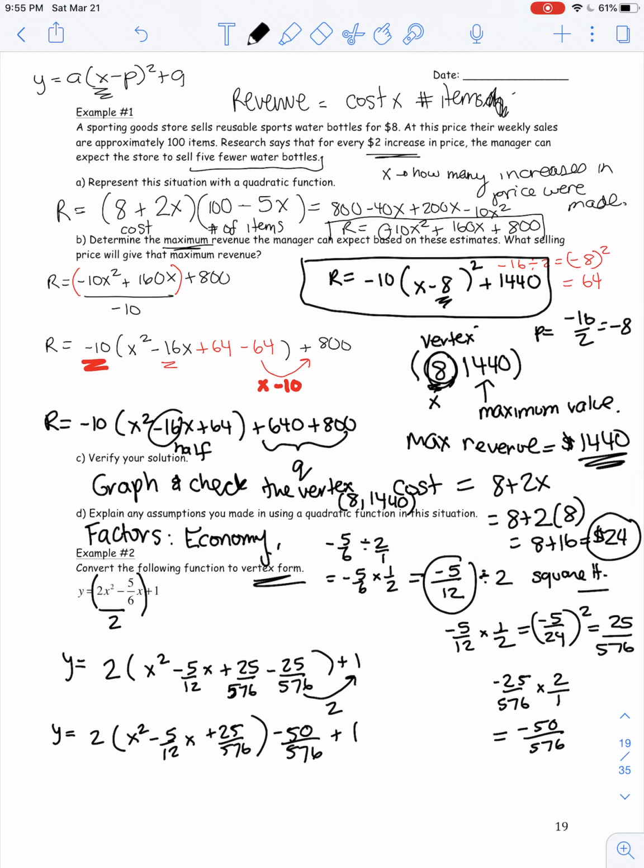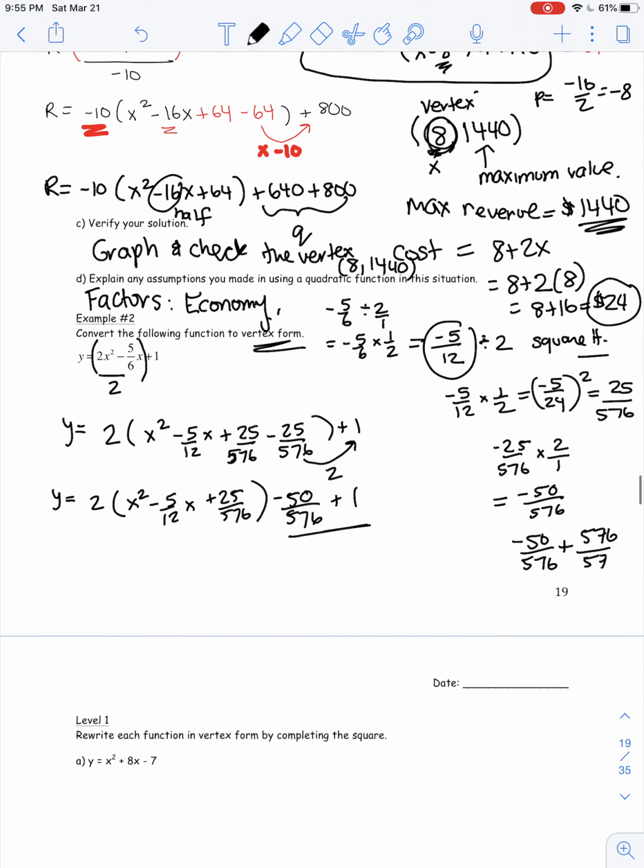Now, in order to put these two together, we're going to have to get common denominators. Whenever you add and subtract fractions, you need common denominators. So 1 is the same as multiplying the top and bottom by 576. We're going to multiply the top 1 by 576 and the bottom 1 by 576, and that's how we get that.